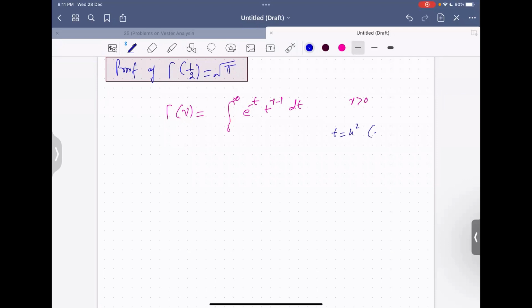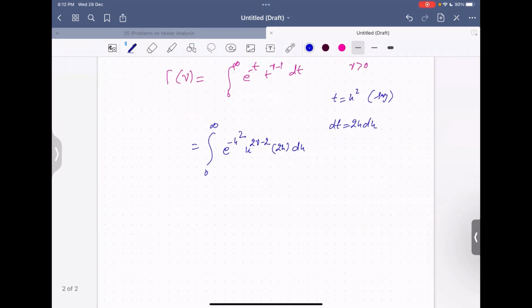equal to u square in the integration, and I say dt is equal to 2u du, and the limits do not change, because t equal to 0, t equal to infinity means u is equal to 0, u equals infinity. Then e to the power minus u square, and u to the power 2 nu minus 2, and dt is 2u du.